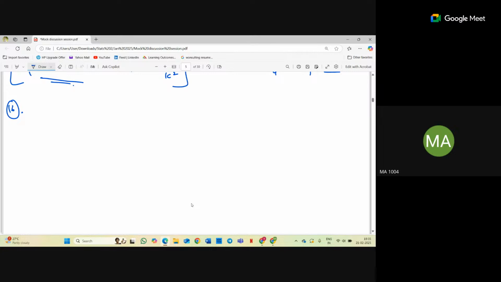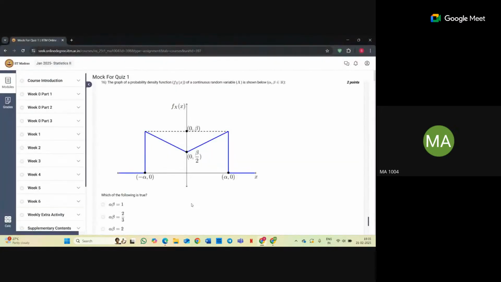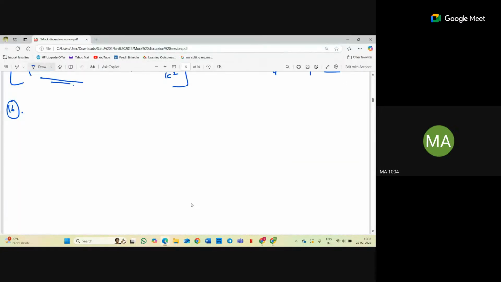Okay. So the figure is what? This is minus alpha comma c. This is alpha comma c. When we have 0 comma beta by 2, this is 0 comma beta.